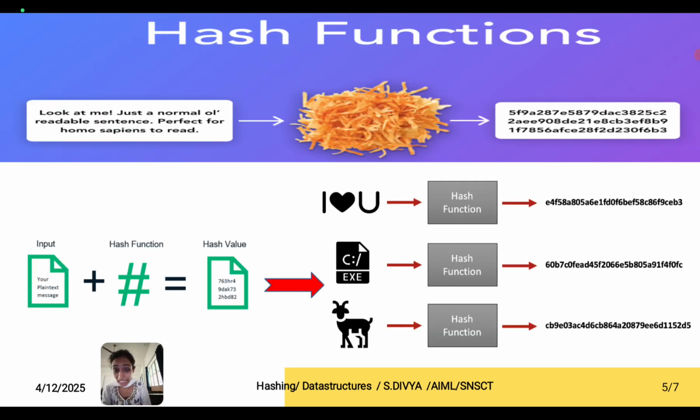Now let's see what a hash function is. A hash function is nothing but this: you have a key, and you convert that key into an index so that you can easily access any data stored in the array. For example, if you see here, you have a plain text and you give that plain text to some function, and it generates some value.